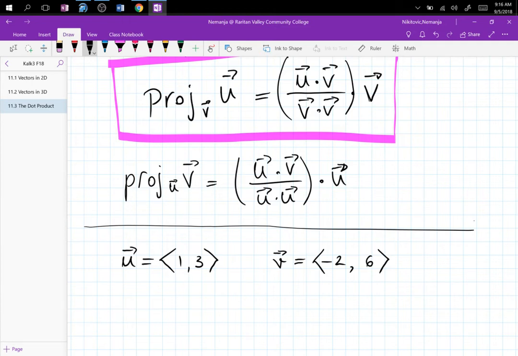And the reason why I'm asking you to compute both is to see that they're not the same. You have to be careful which vector you are projecting onto which. So projection of u onto v and v onto u is not the same.